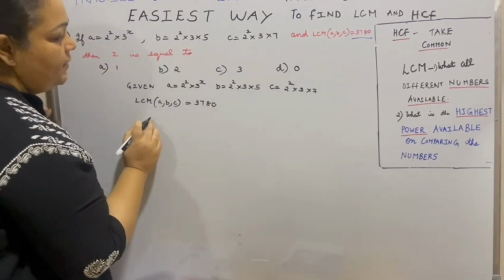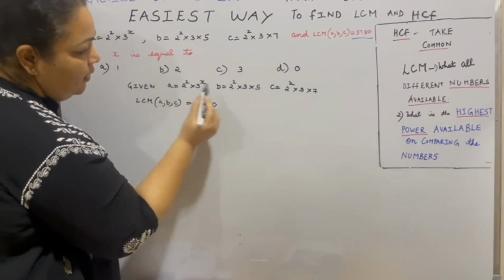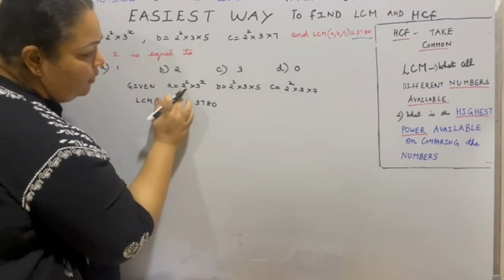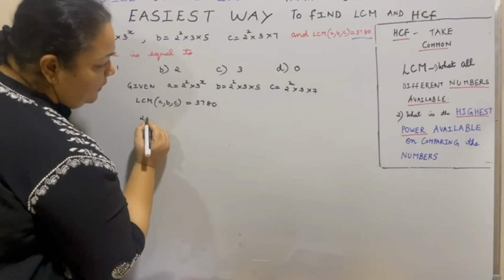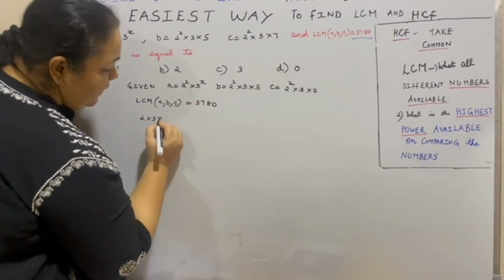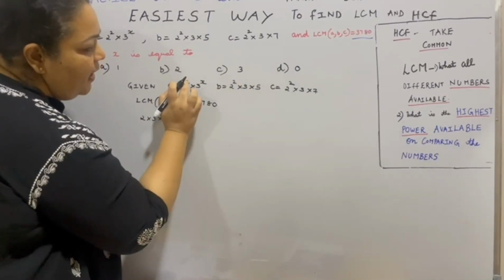So we know what is LCM. So first let us write what is LCM. What all numbers are given in A, B and C equations? 2 is given, 3 is given, and then 5 is given, and 7 is given. On comparing the 3 equations, which is the highest power?